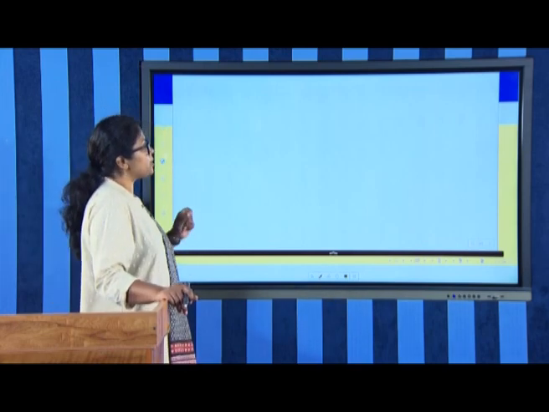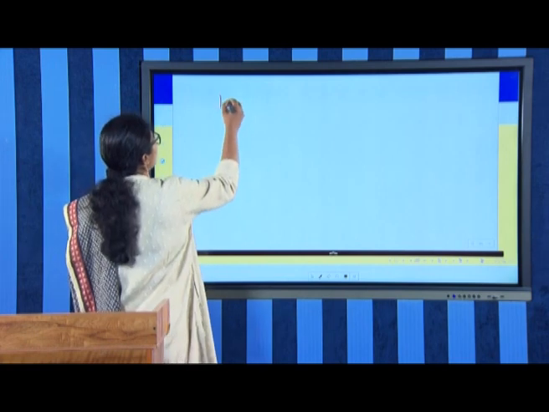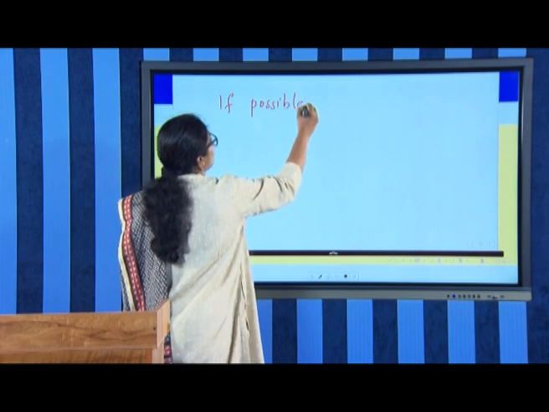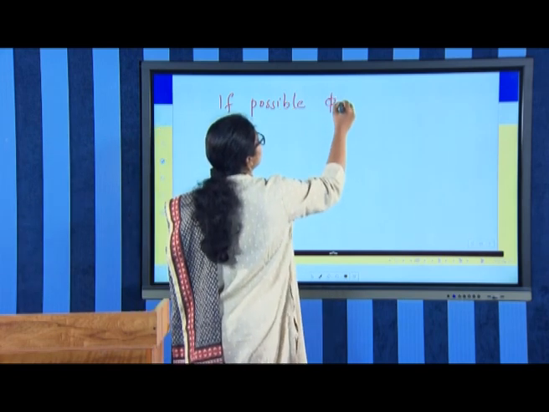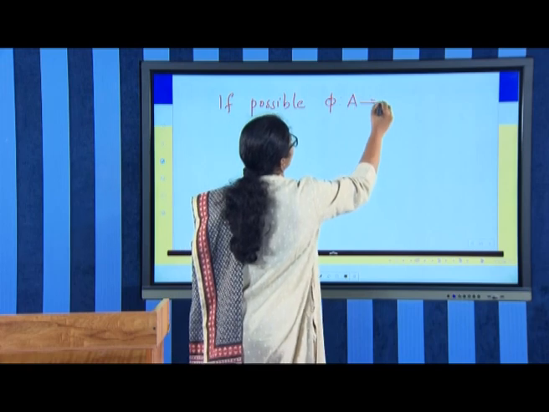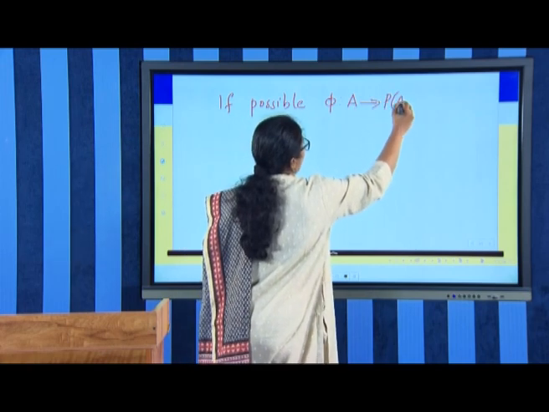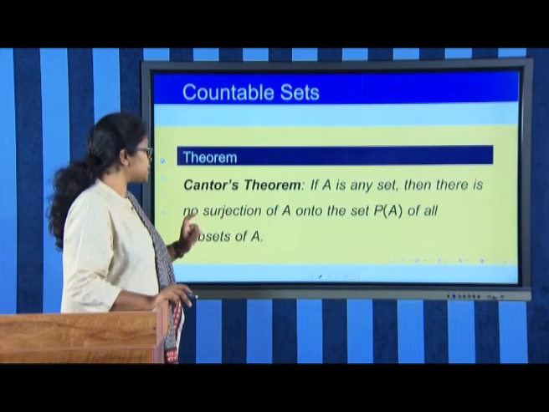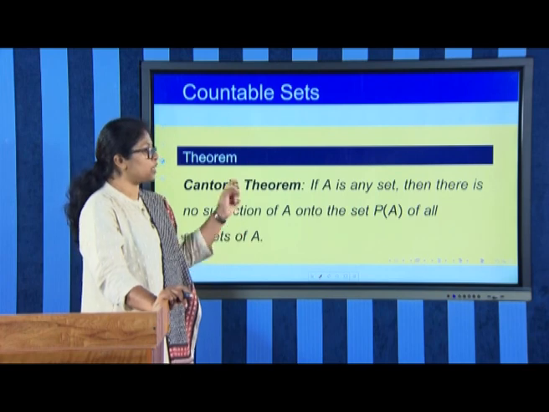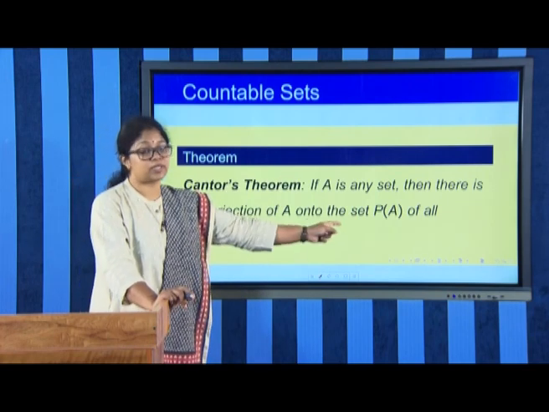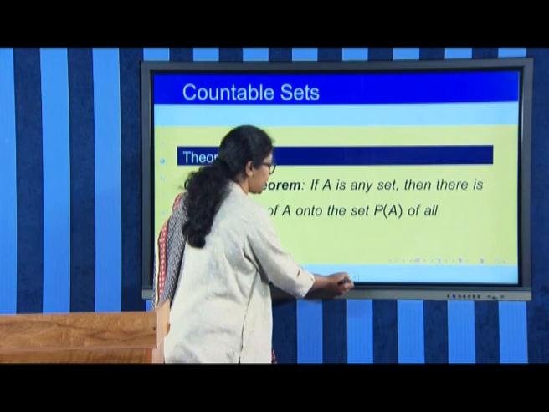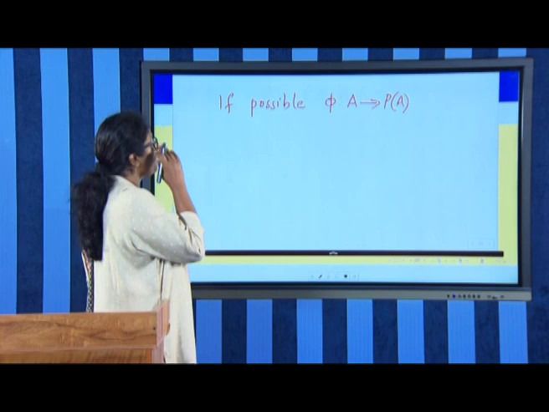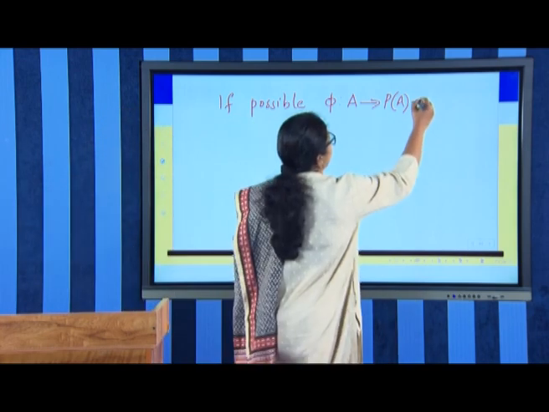So, we are going to assume that if possible, let phi be a surjection from A onto P of A. So, what we are going to show is that if A is any set, there is no surjection of A onto the power set of A. So, if possible, we have taken a surjection, say phi from A onto P of A.